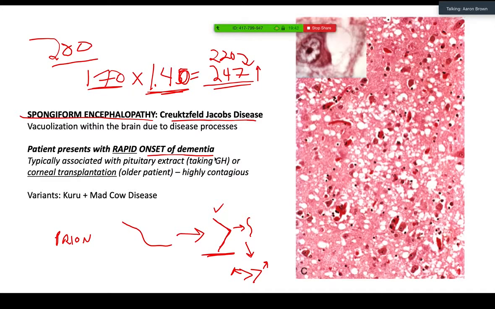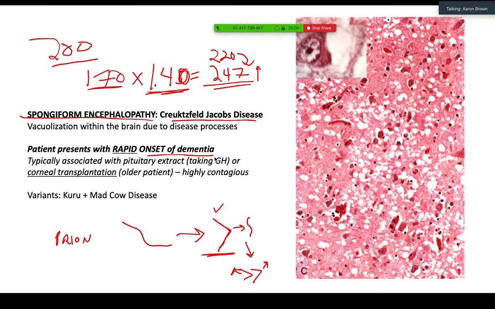If you see that described in a question stem, and it's over a short period of time, please think of Creutzfeldt-Jakob's disease. They may try and trick you by describing more of an Alzheimer's or Huntington's disease type picture, where, especially in Huntington's disease, you're having those behavioral changes, you're having dementia. That's sort of how we describe Huntington's disease.